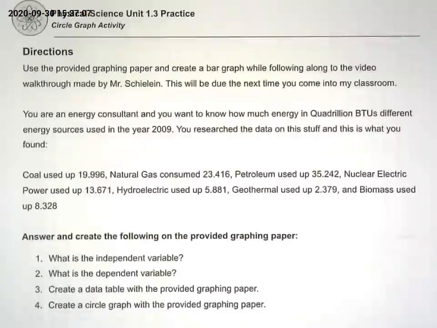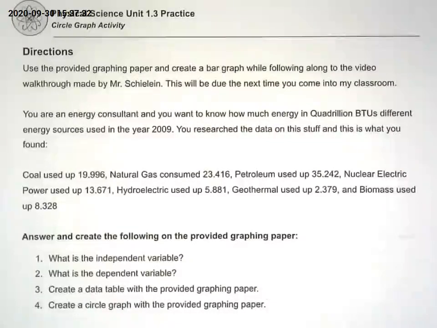Coal used up 19.996 quadrillion BTUs. Natural gas consumed 23.416. Petroleum used up 35.242. Nuclear electric power used up 13.671. Hydroelectric used up 5.881. Geothermal used up 2.379, and biomass used up 8.328.